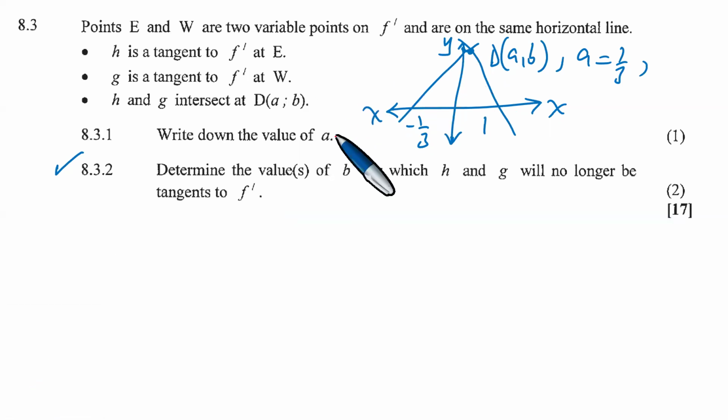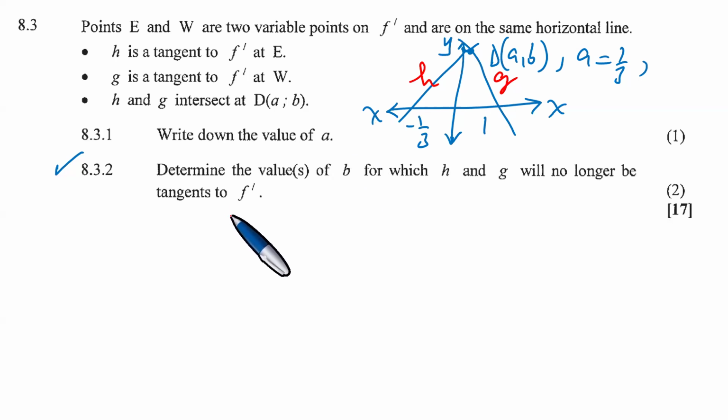We need to analyze this and think about what this means if these are no longer tangents, because we must determine the values of B for which H and G, this one is H and this one is G, will no longer be tangents to F prime.